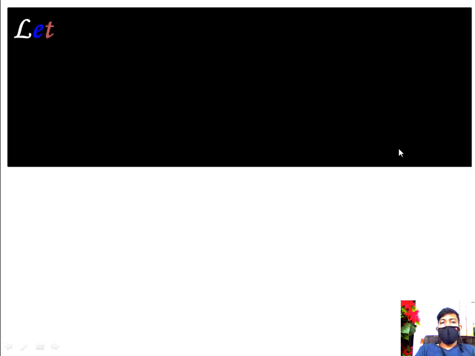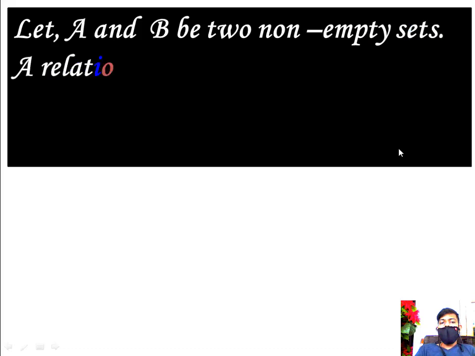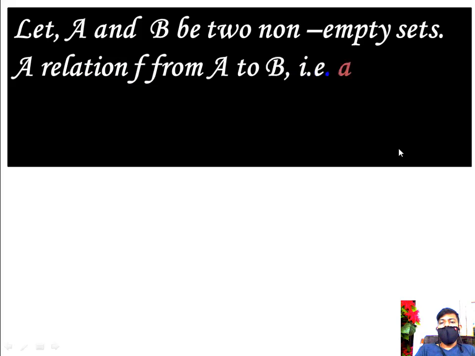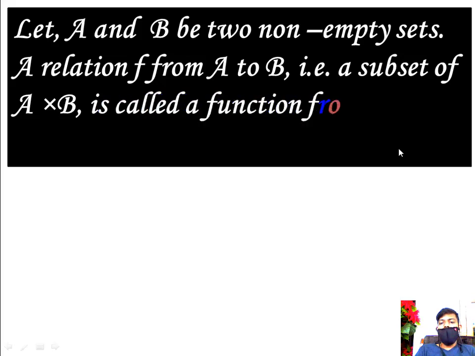Let A and B be two non-empty sets. A relation f from A to B, that is a subset of Cartesian product A cross B, is called a function from A to B if there are two conditions.